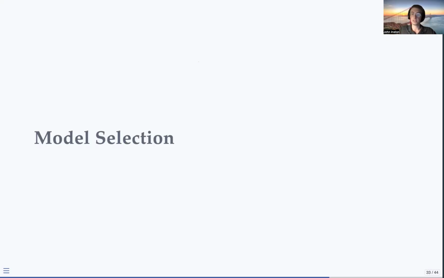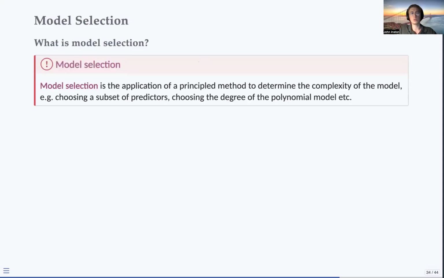In this section, I'm going to motivate that discussion by talking about some of the criteria that we use and also some of the problems. Model selection is the application of a principled method to determine the complexity of a model, aka which model is best. That can mean within the same model family.